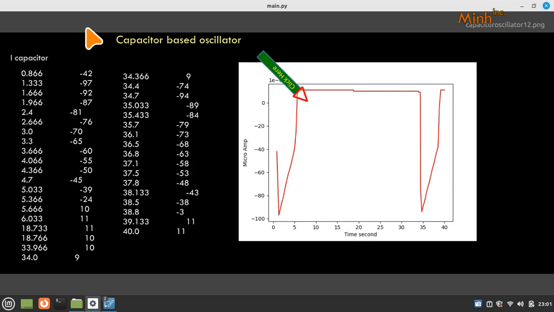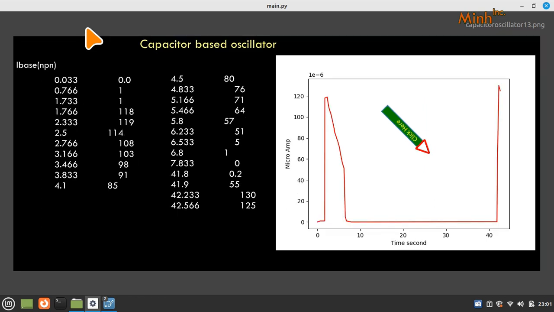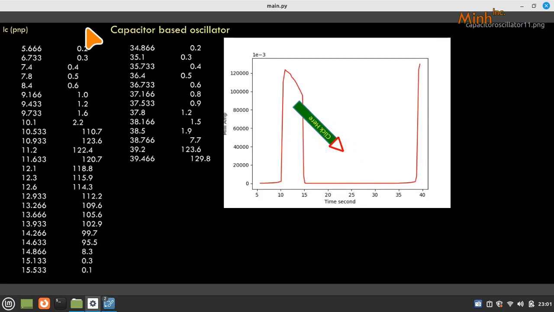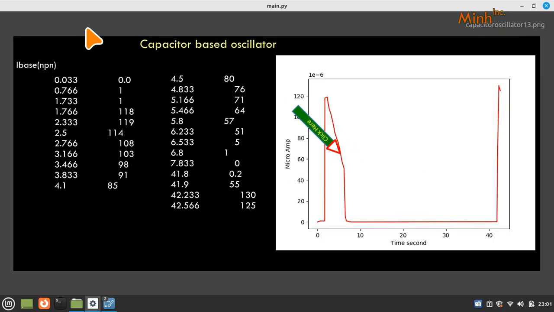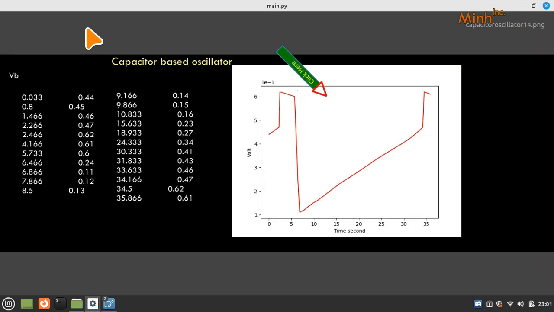At that time, when the transistor is active, the capacitor current flows in the negative direction, the other way from charging, and the base is also losing the current. IE, IC, I base are all losing the current because the capacitor is discharging, but VB is not losing.